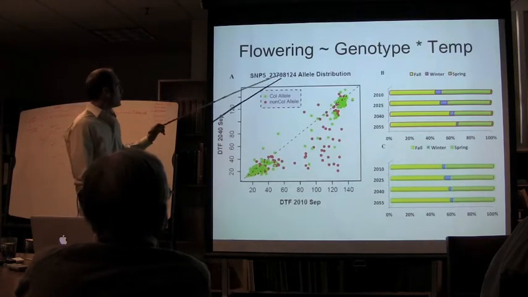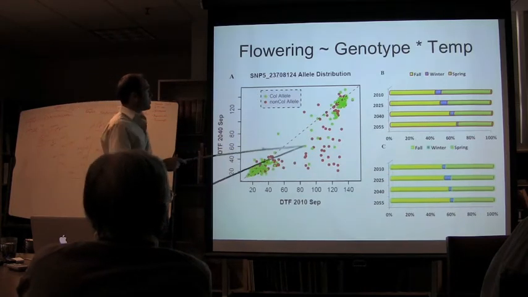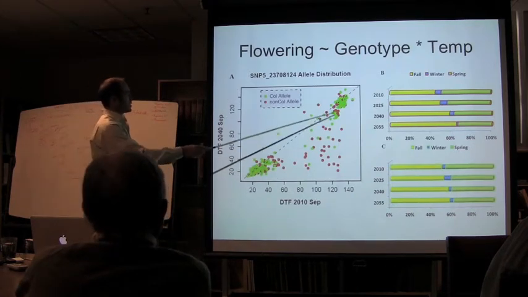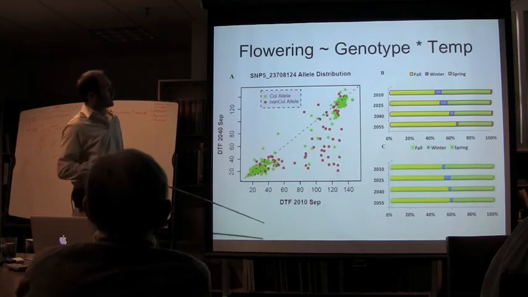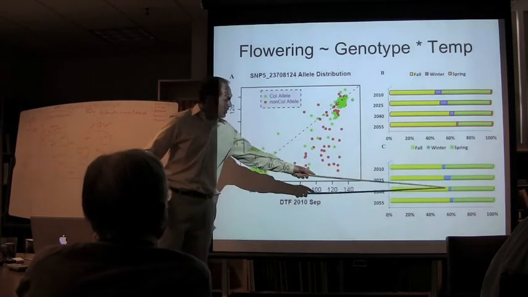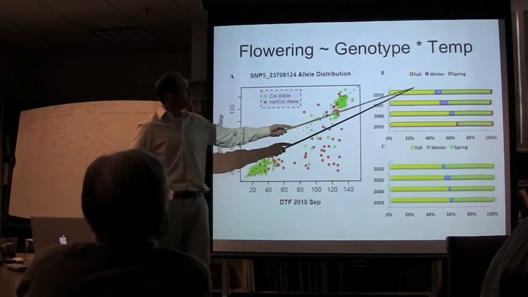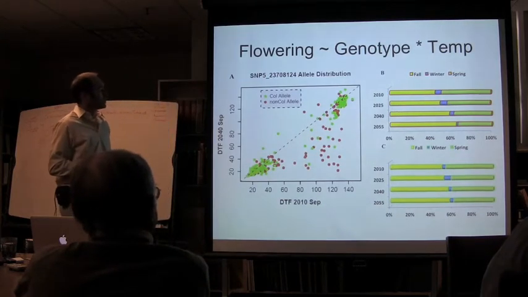This is one allele now. If we color code that pairs plots that I showed you before by genotype at that one SNP on chromosome 5, most of these lines that are doing the reversing have the non-Columbia allele here. And so you can see in future conditions, if you have the Columbia allele, they really aren't so sensitive to temperature, but you are quite sensitive if you have that non-Columbia allele.